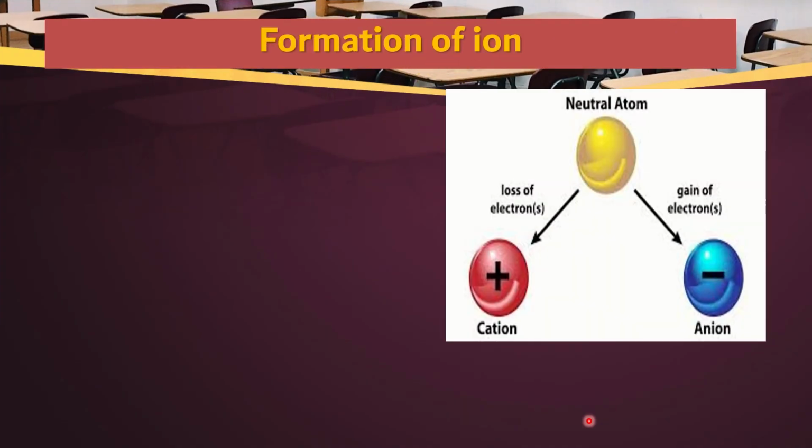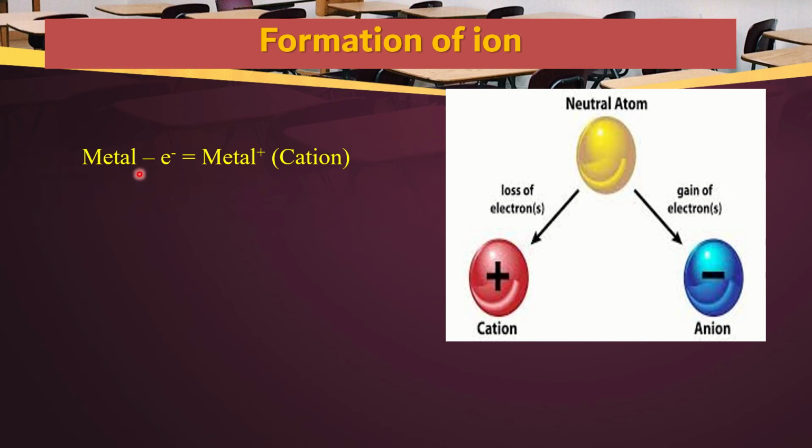Now formation of ion. Look, a neutral atom. When the atom loses electron, loss of electron will make cation, because after losing electron it has more proton than electron, and after gaining electron it has more electron than proton, so it will become anion. So neutral atom after releasing electron will become cation, and after accepting electron it will become anion.